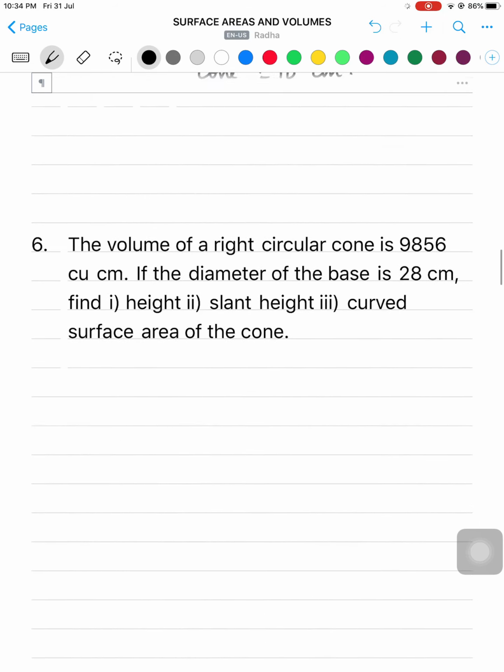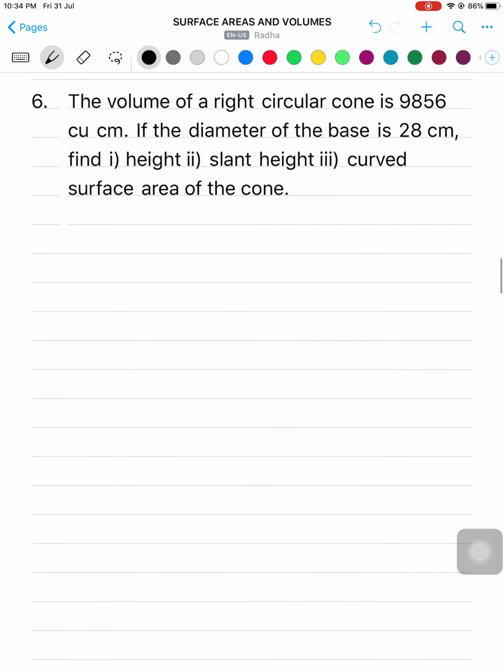Is it clear, children? The next one: the volume of a right circular cone is given as 9856 cubic centimeter. If the diameter of the base is 28 centimeter, then you have to find the height, then slant height, then curved surface area of the cone. So what is given in the question? Volume of the cone is given.